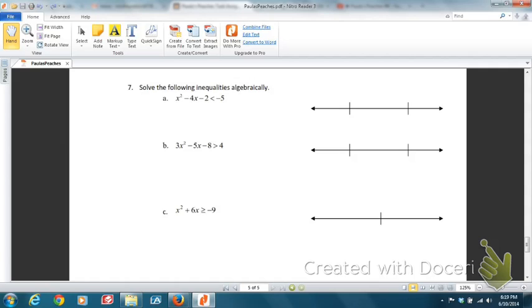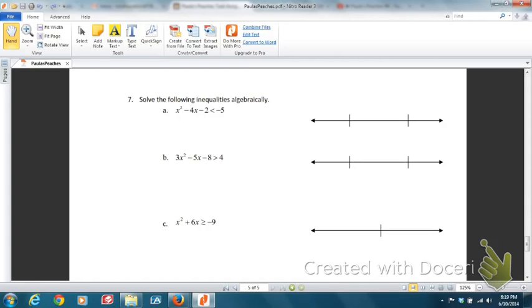The first thing you need to do is to get everything over on one side of the inequality and let that inequality be set to 0. So you're going to add 5 on both sides. So you have x squared minus 4x, and then negative 2 plus 5 would be 3, is less than 0.